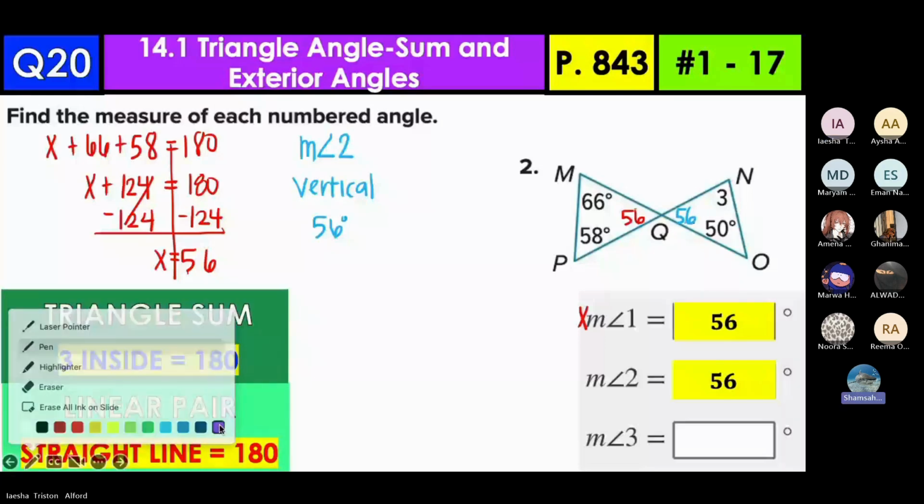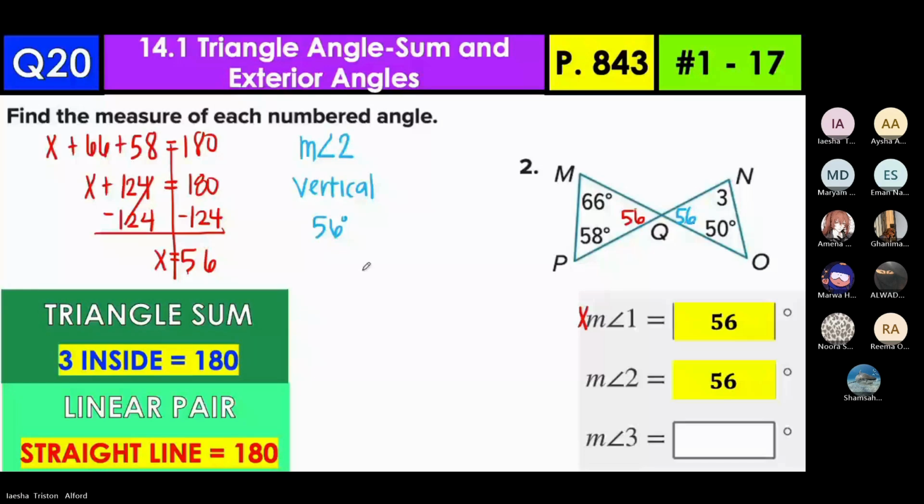Triangle sum. So for the measure of angle 3, we can use triangle sum. You can use y for this one. So what's the equation? y plus 56 plus 50 equal 180. Good.